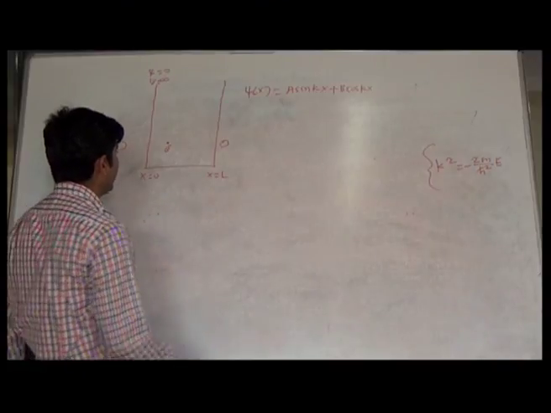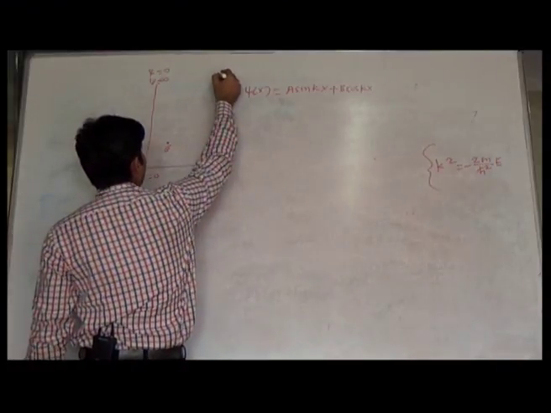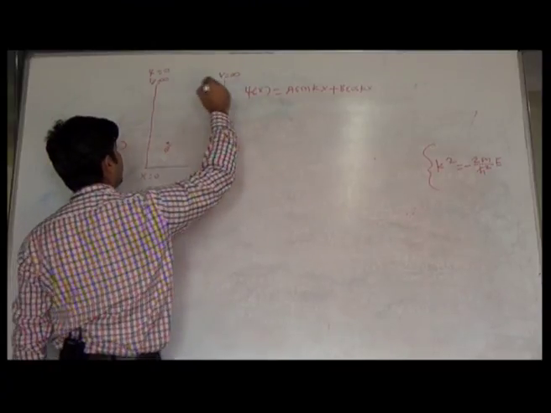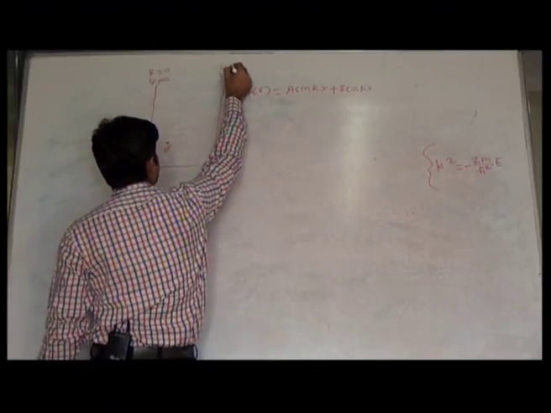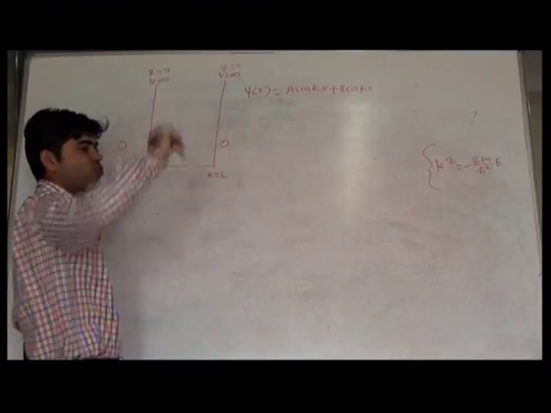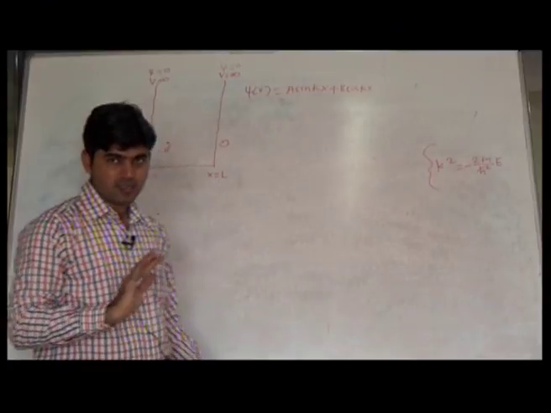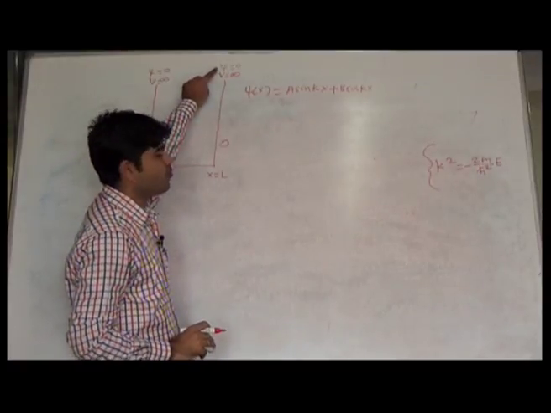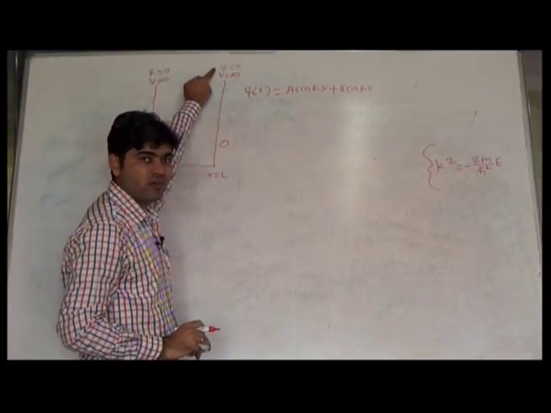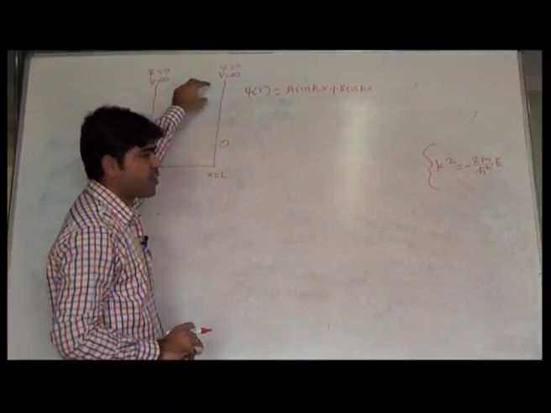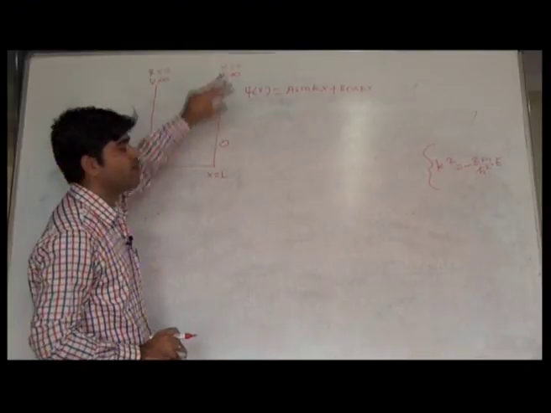Similarly, x is equal to L. If x is equal to L, again at that point the value of potential is equal to infinity, and hence the wave function value is equal to 0, because there is no existence of the electron, hence there is no wave function, because the wave function represents the existence or actual probable location of the electron.